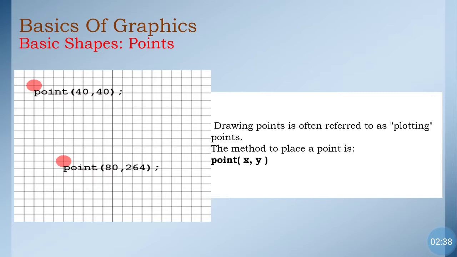Now what are x and y? The x argument is the number of pixels from the left side of the sketch window. The y argument is the number of pixels from the top of the sketch window. That is a point.